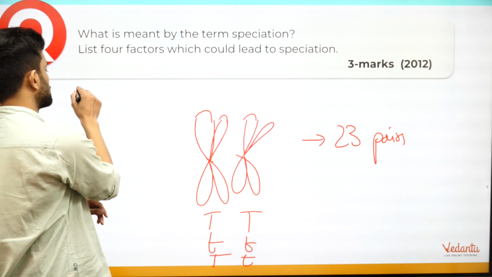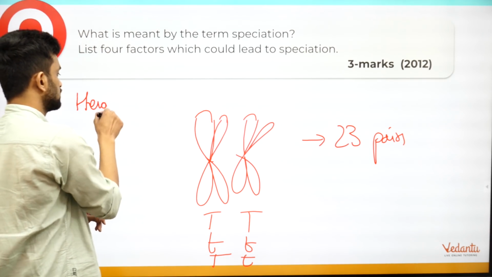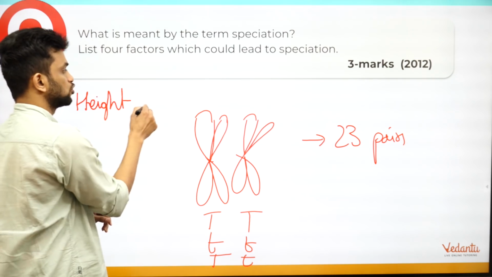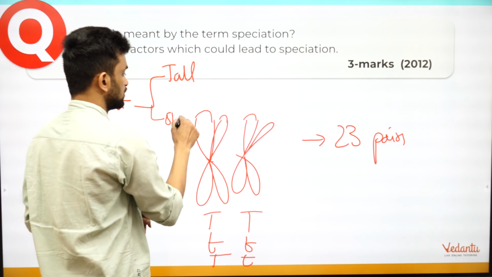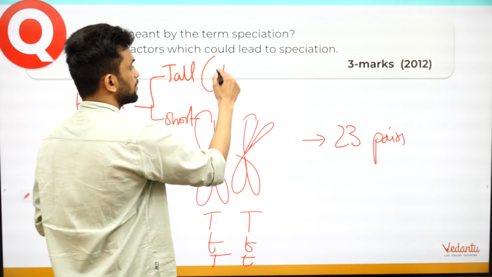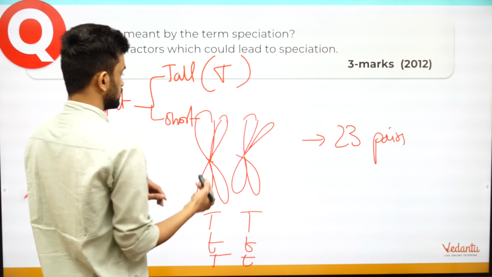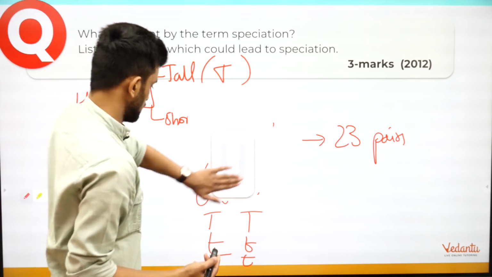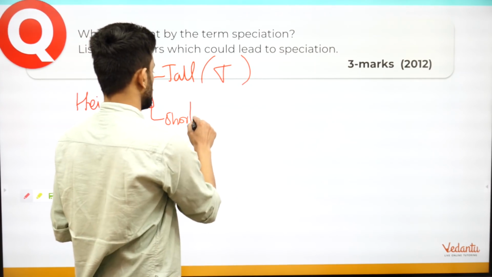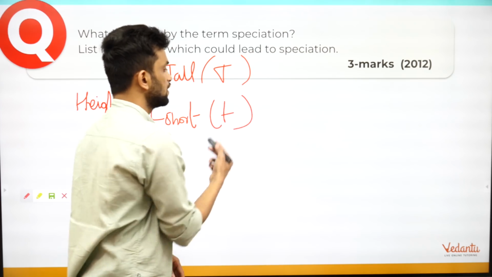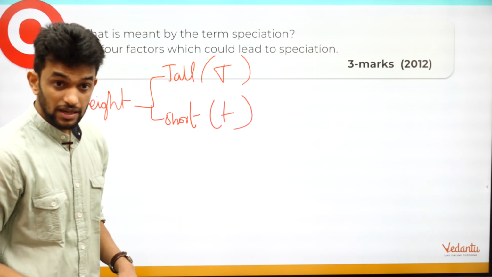Here what am I talking about? I am talking about a character height. It has two alleles, tall and short. Tall I am representing by capital T and short I am representing by small t.